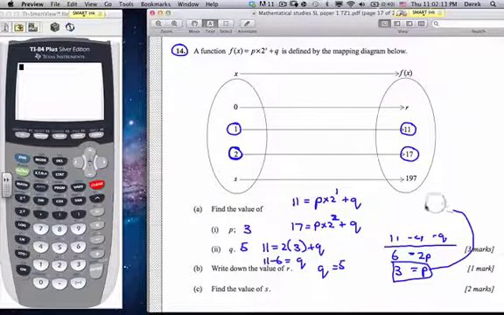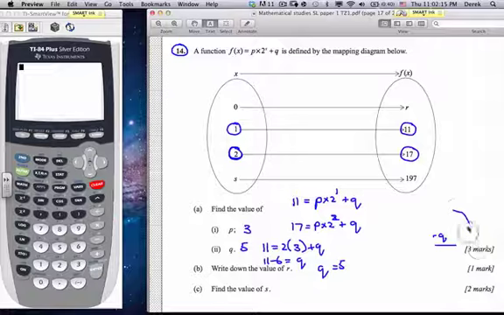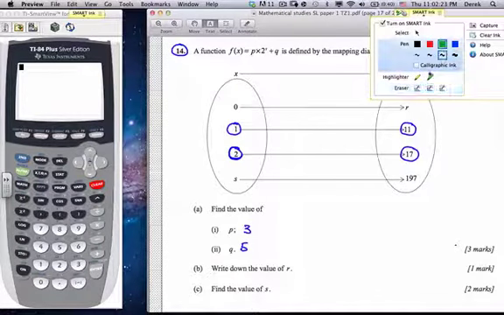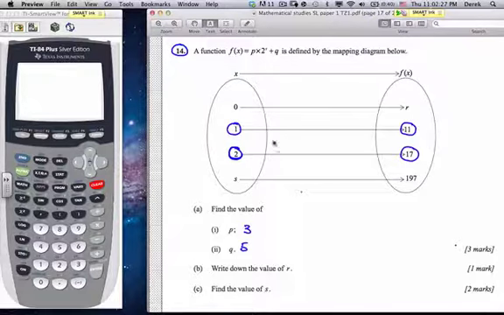Alright, let's give ourselves a bit of space to work to do the rest of it. So now write down the value of r. So I now have my equation f of x is equal to 3 times 2 to the x plus 5.